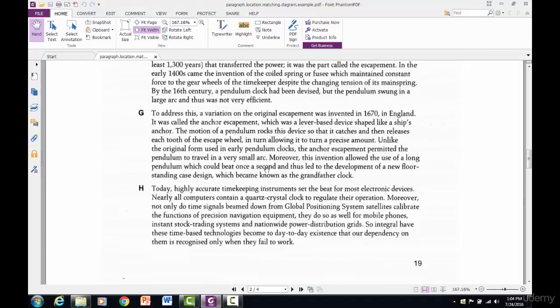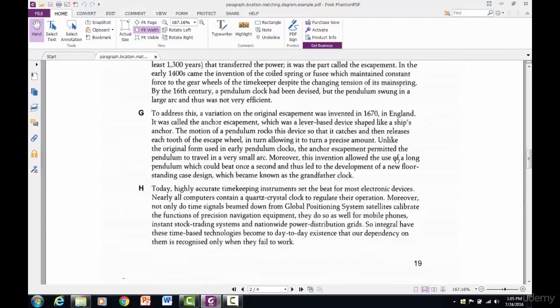So the answer for number 13 is second. And what language comes right before which could beat? Long pendulum, right? So the answer for number 12 is long pendulum.